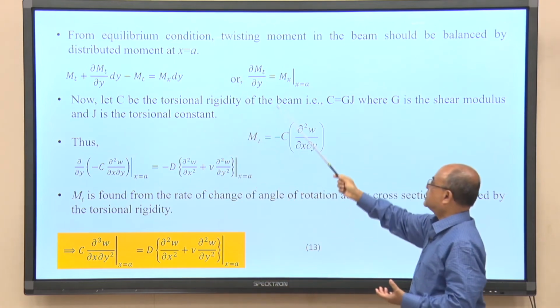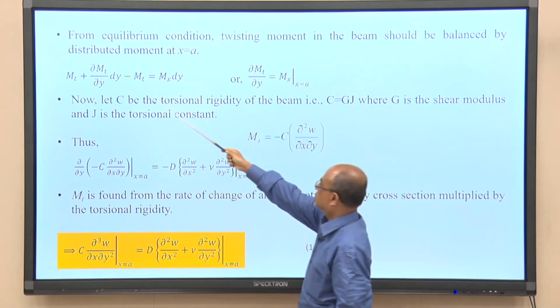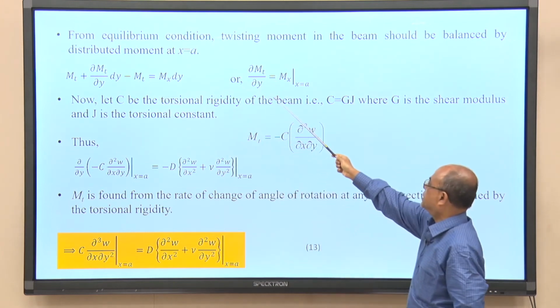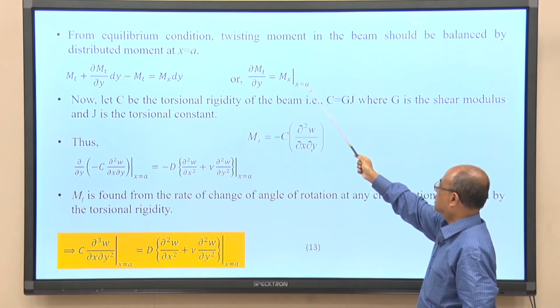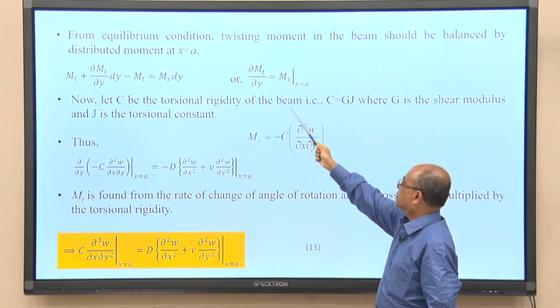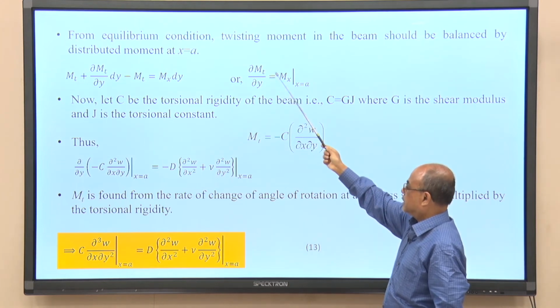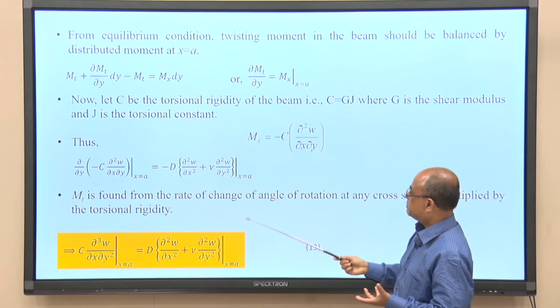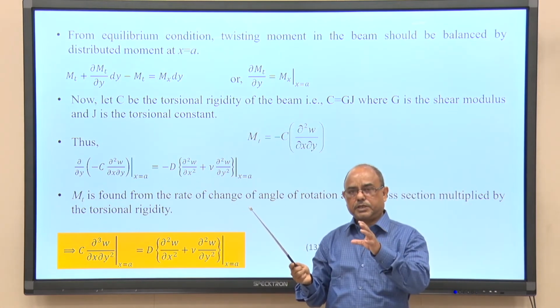So, the first line equation is nothing but d m t dy equal to m x at x equal to a. That means here you have to find out the torsional moment. What is the torsional moment in a beam?